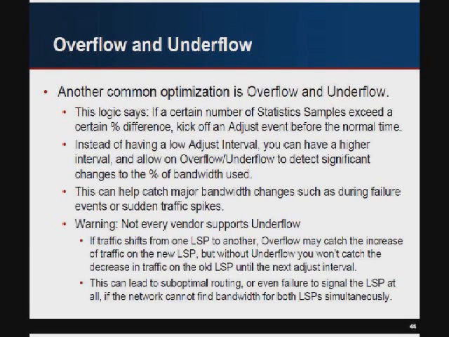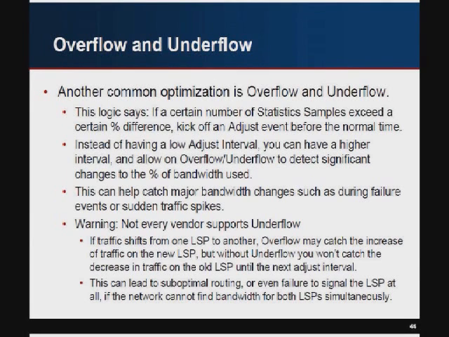If a certain number of statistic samples go above a certain rate, so I might say if I see two statistic samples of 60 seconds that are above a certain threshold, rather than wait 30 minutes or an hour to do an adjust, I might say do it now because something has changed. You artificially trigger the adjust interval to go out and adjust things. This is very useful for catching big bandwidth changes without having to burn your CPU constantly adjusting things.